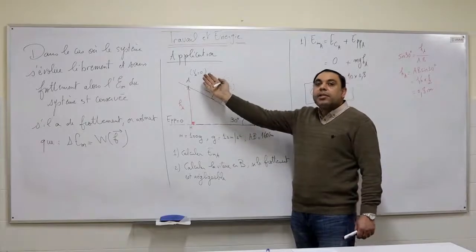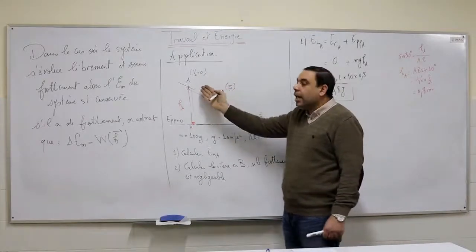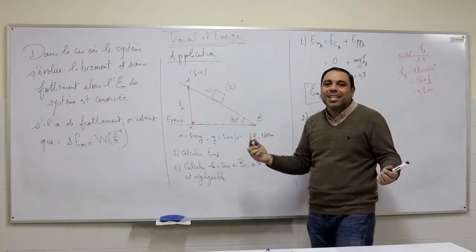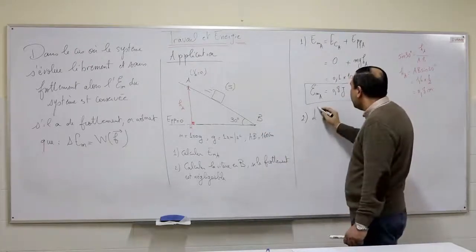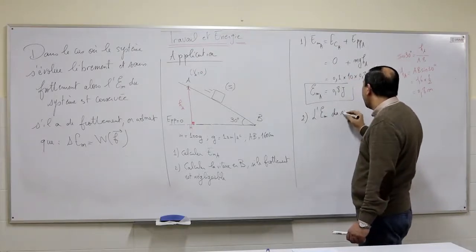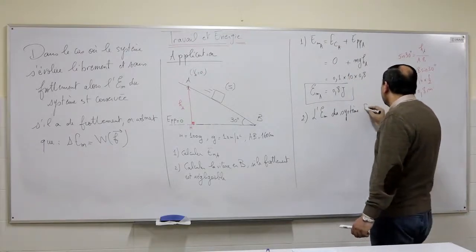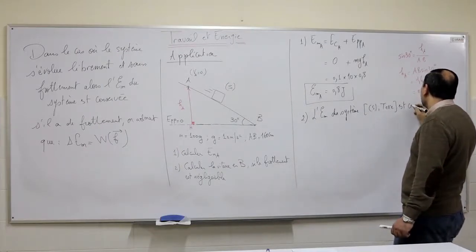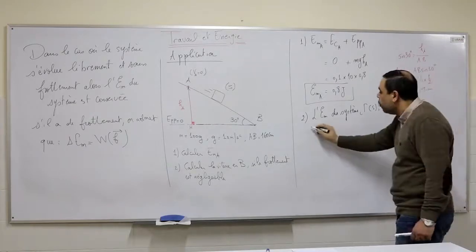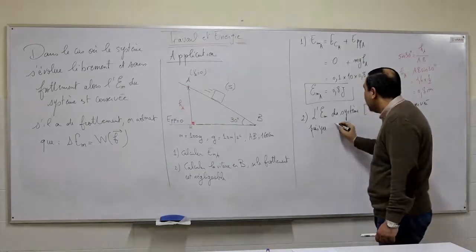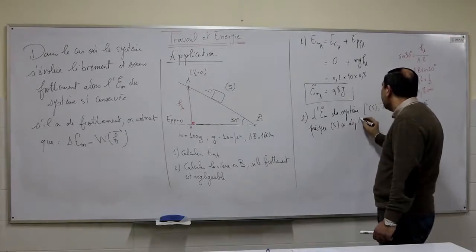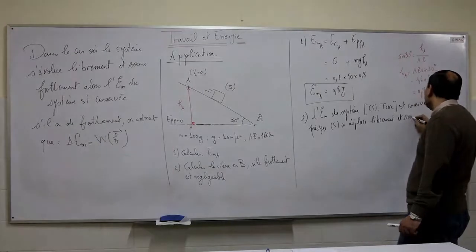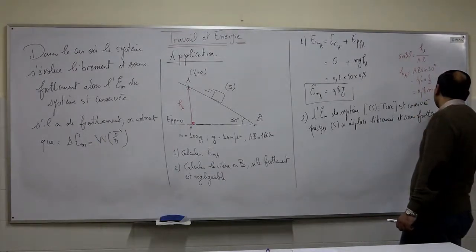Now we know that S is moving freely from A to B. In the absence of friction, the mechanical energy of the system S Earth is conserved, since S moves freely and without friction.